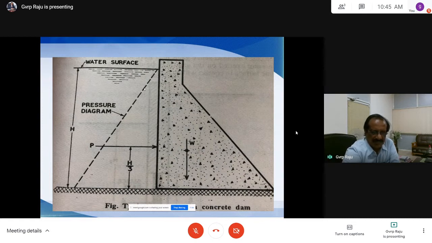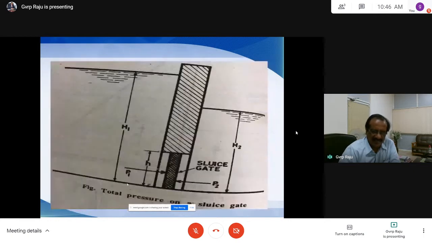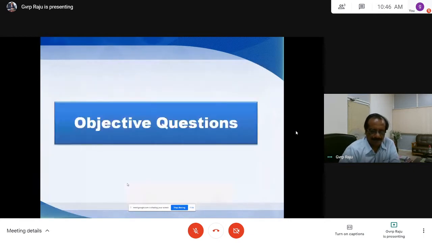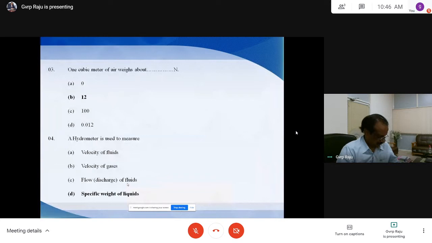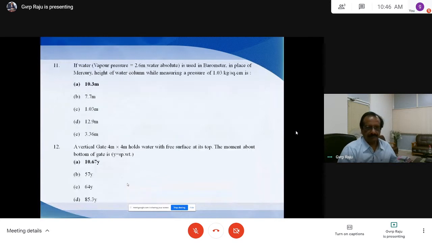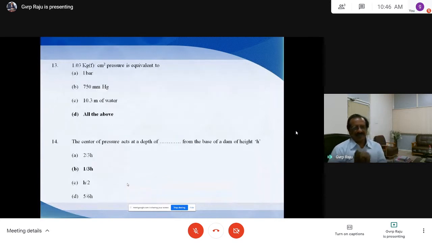Here the pressure is 0 and here the pressure is W times H. The pressure force is WH square by 2, and the distance is H by 3. That's what I discussed earlier. So the answer here is H by 3.